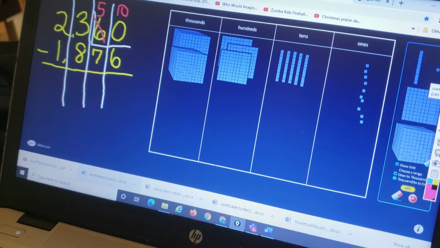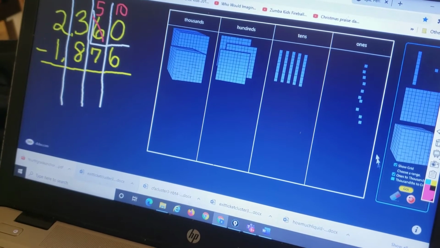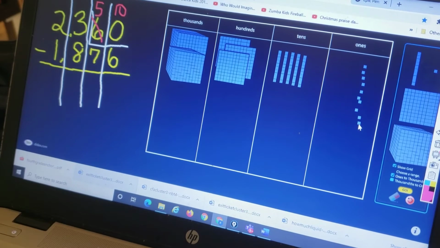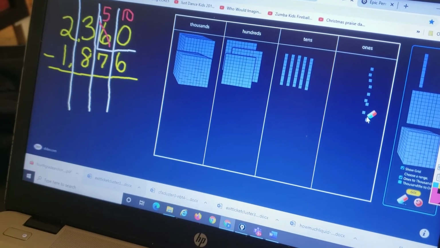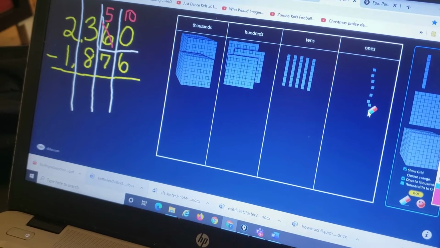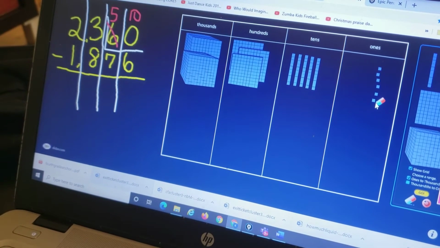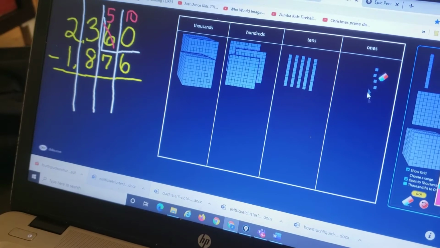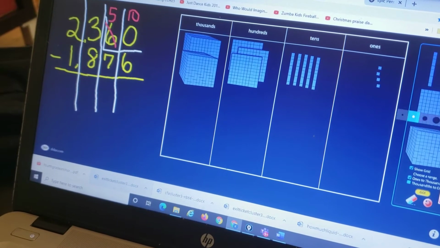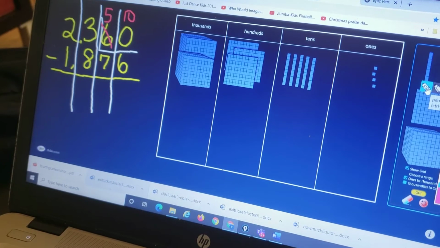So I'm going to go over here and take these ones. I need 6 of them. 1, 2, 3, 4, 5, 6. How many ones do I have left over? 4. Great job.